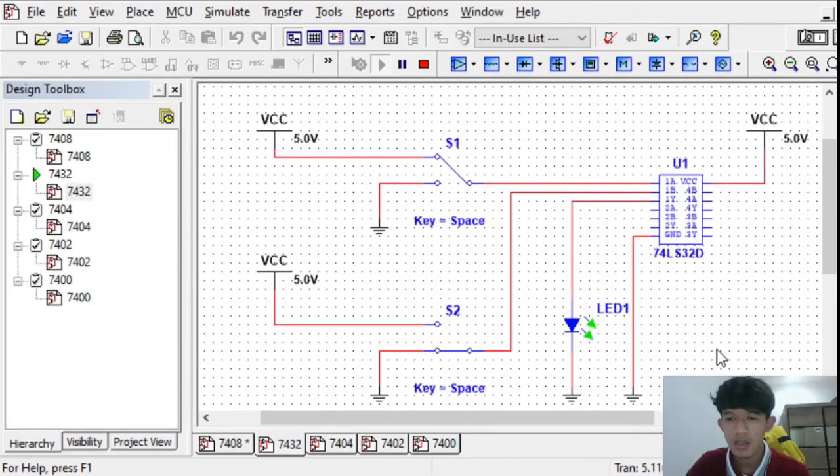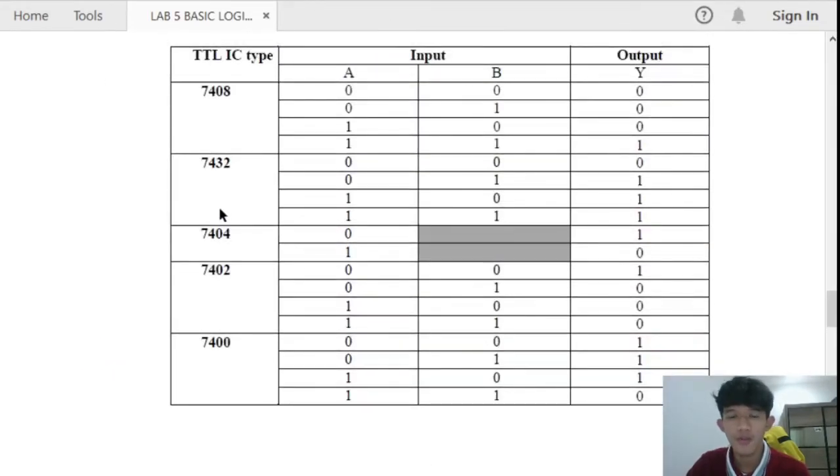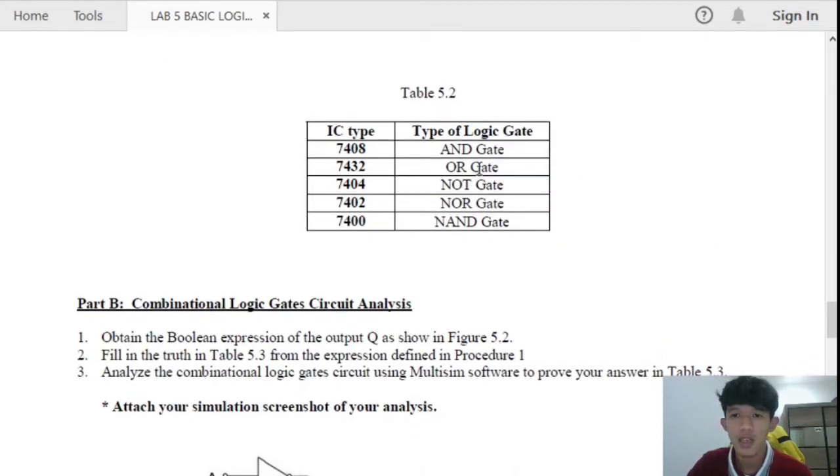The LED still lights up. Then we change to 1 for both inputs. The LED also still lights up. Then we know the output for 7432 will be 0111, and the type of logic gate for 7432 is OR gate.